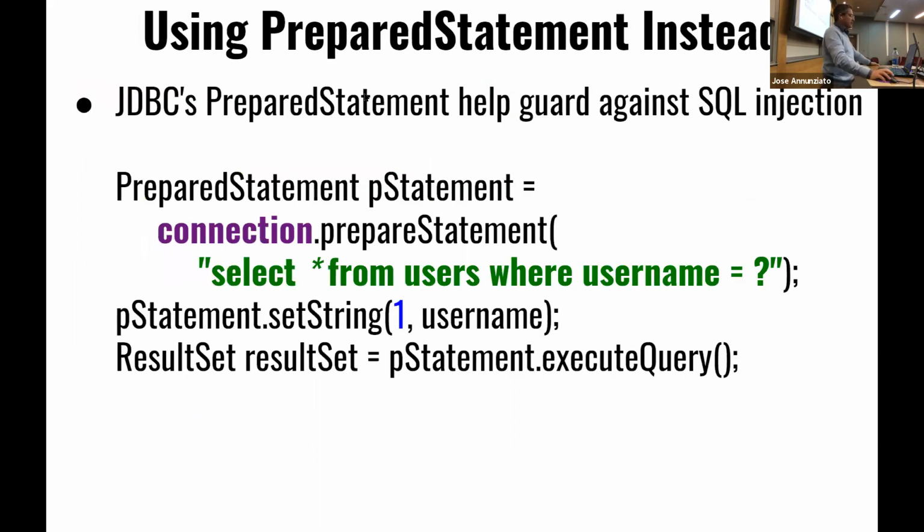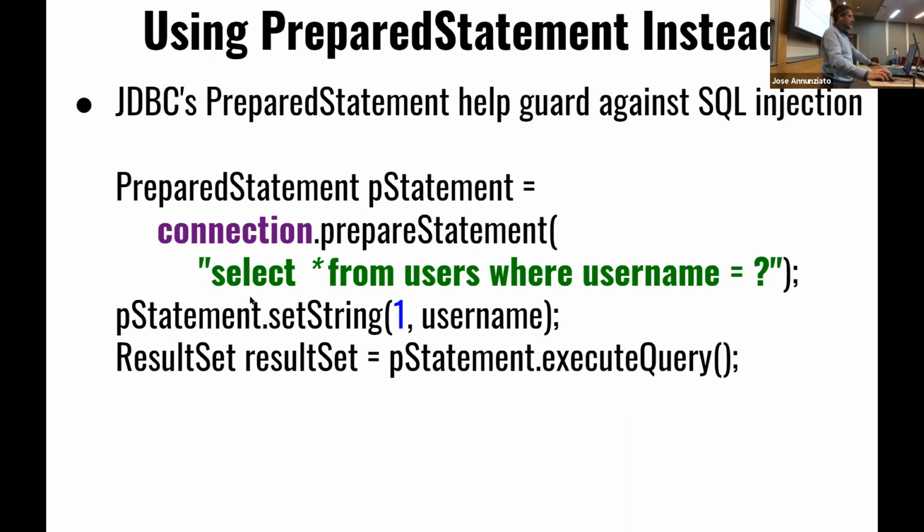So instead of using the statements that we were using earlier, now we would use prepared statements. The way you use it is that you would use connection.prepareStatement. You provide the string, and instead of relying on concatenating additional strings, you declare placeholders that will be filled in at a later time when you have actual values for them.